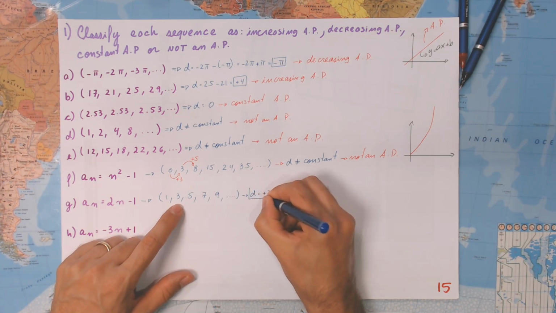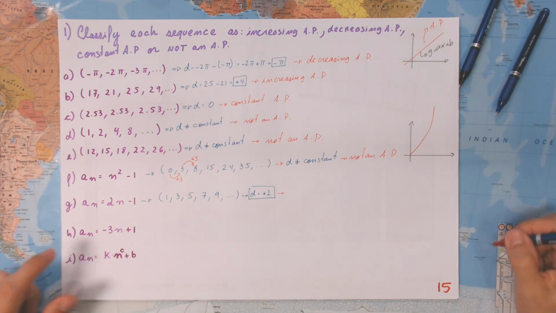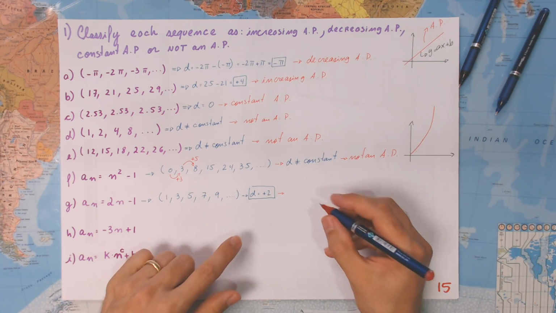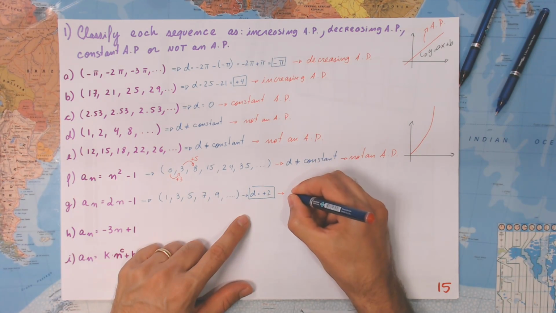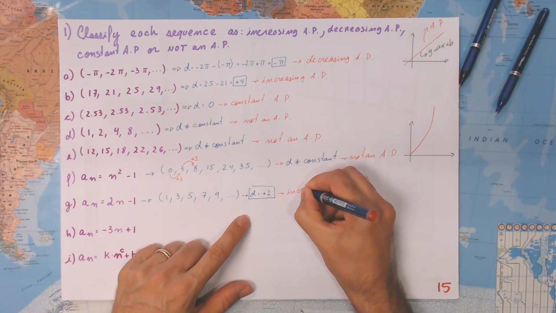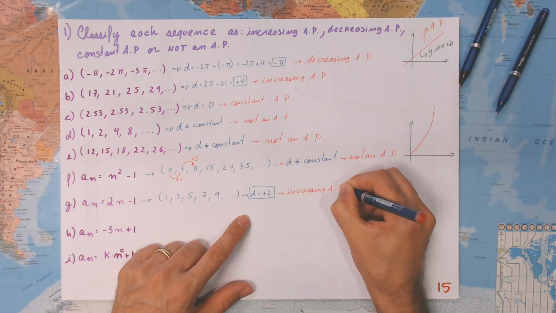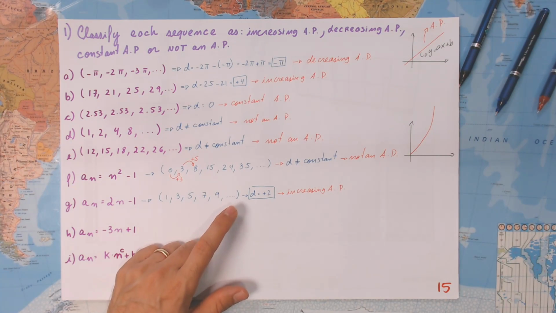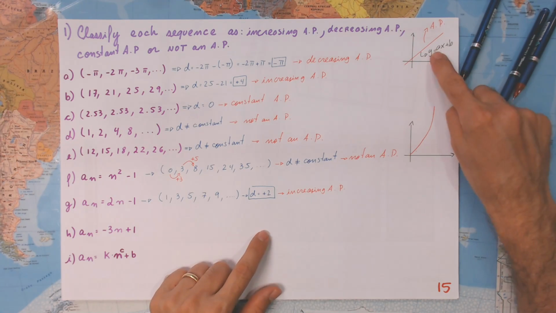I don't think we need any more terms to define this. And therefore, because it's a plus, this is an increasing arithmetic progression.